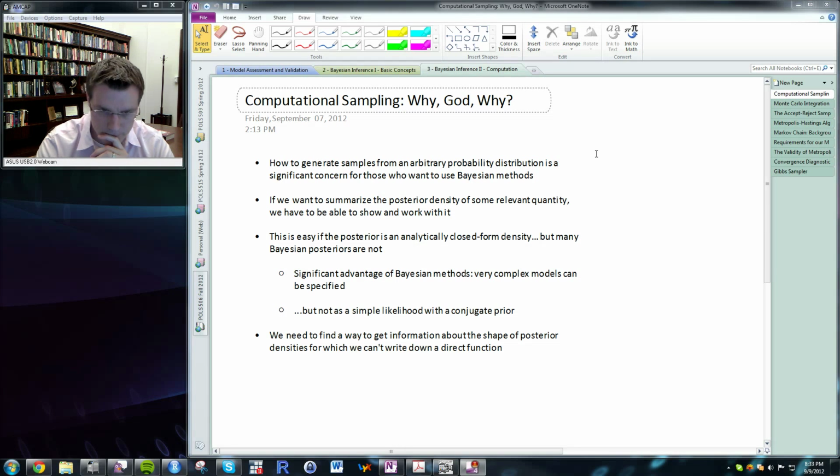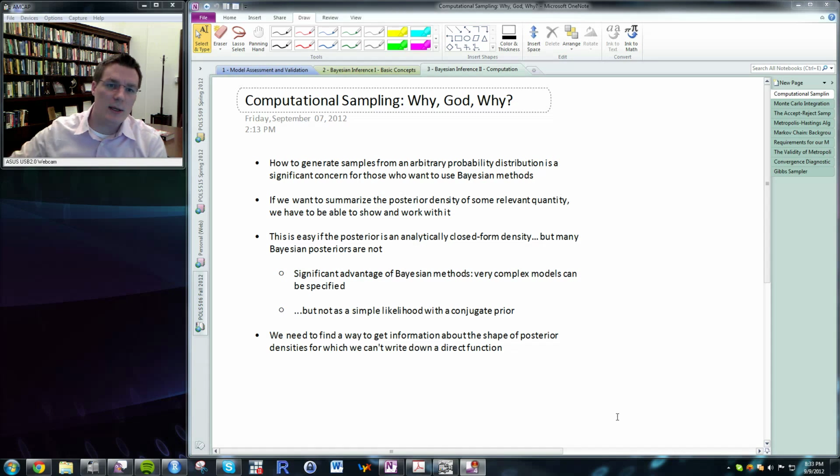But one of the main advantages of Bayesian models is that they can be very complicated. We can build very complex structures that don't have to conform to pre-specified analytical forms. As long as we can write down a posterior density of some kind, we can work with it.